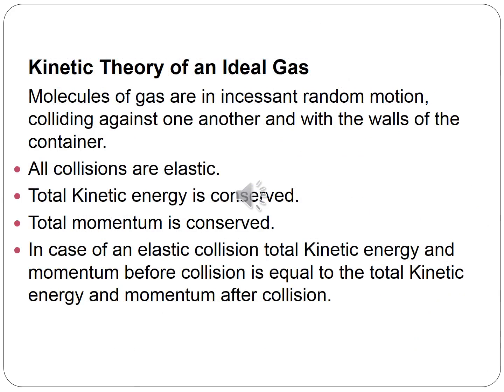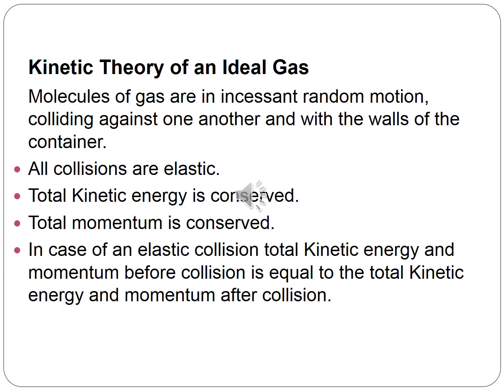In the previous section, you learned about kinetic theory and important assumptions related to the kinetic theory of gases. Now, what is the kinetic theory of an ideal gas? You know that molecules of gas are in continuous motion without any stoppage. So, they are in incessant random motion.